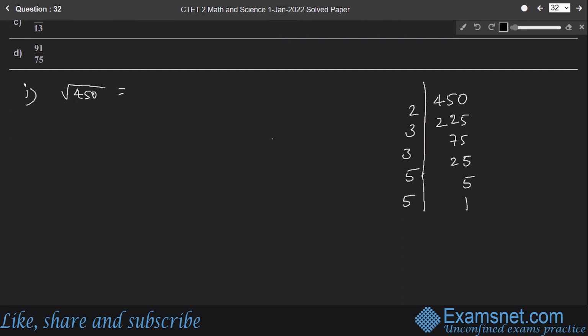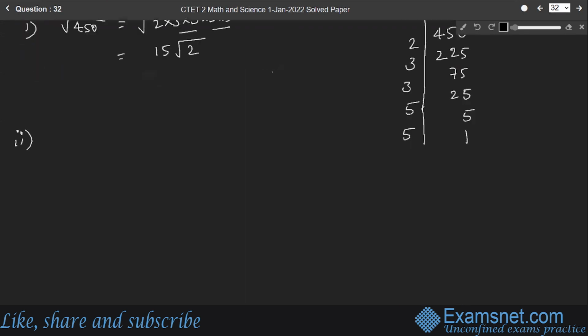So square root of 450 is root of 2 into 3 into 3 into 5 into 5. Take 3 and 5 out, you will get 3 into 5, that is 15 root 2.